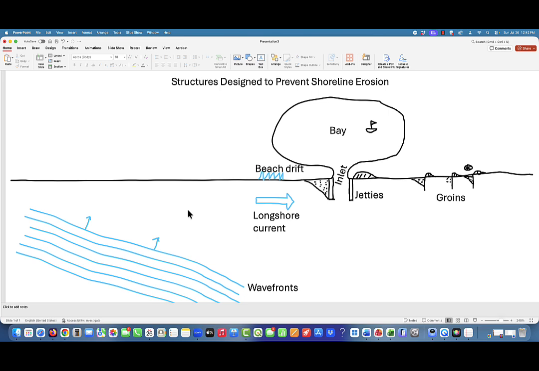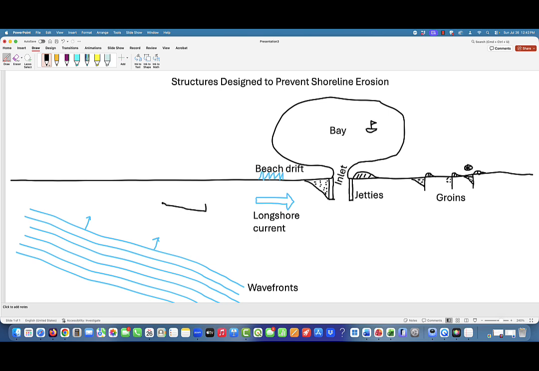And now let's add a couple of other ones on this side over here. The first one I'm going to add occurs out in the water, and it's typically either parallel to the shoreline or almost parallel to the shoreline. I'll kind of put it in like a little edge on it maybe.